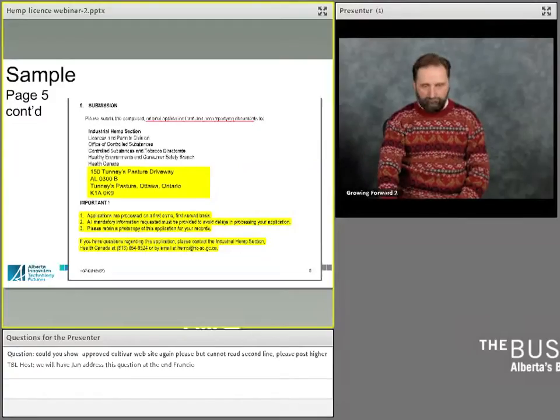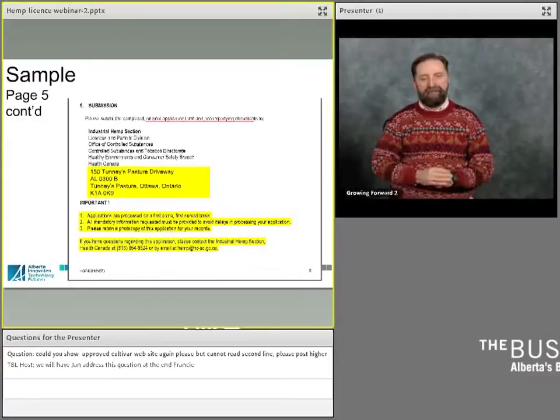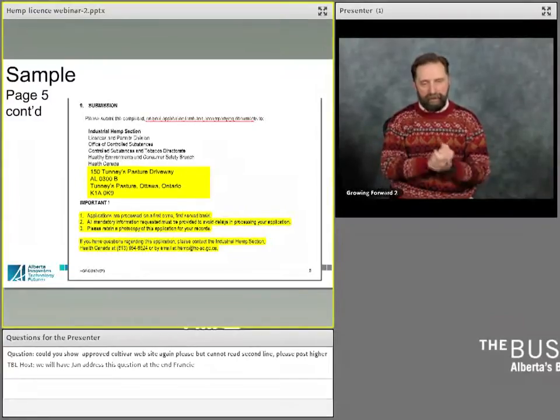This license also cautions you that applications are processed on a first come, first served basis. I will elaborate on this in a few seconds. All mandatory information must be provided to avoid the rejection of your application. This is also really important. I will mention this in a few minutes as well.